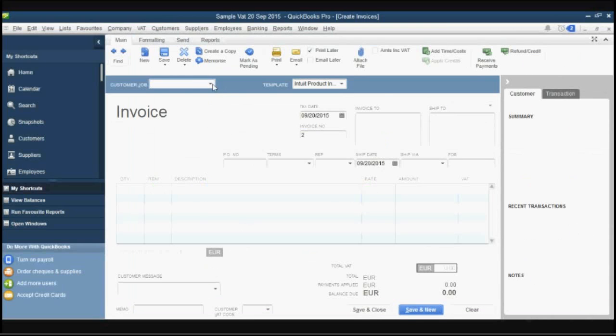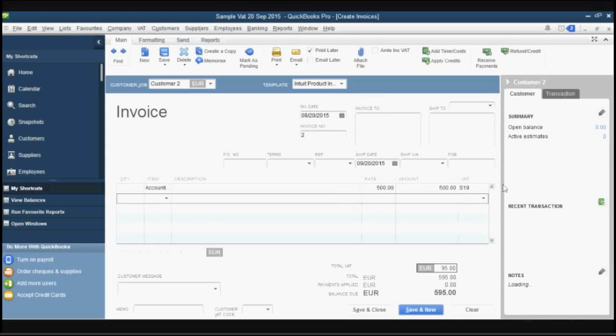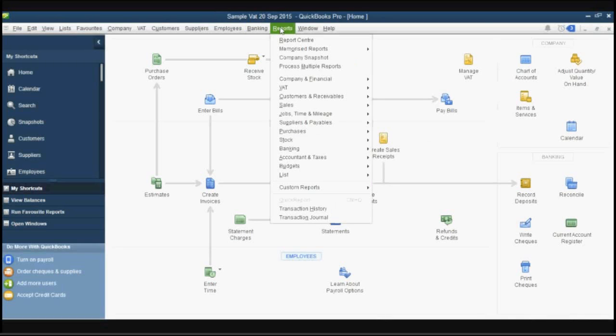This is not a stock item. This is services, accounting fees, not stock. We provide our services for the total amount of 500. The rate of VAT is 19%, so customer number 2 needs to pay us 595 euros.